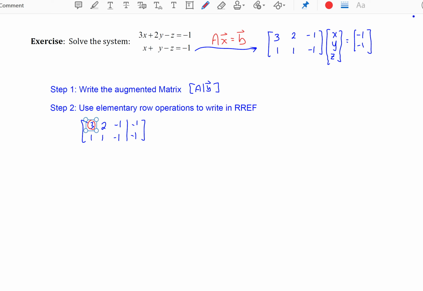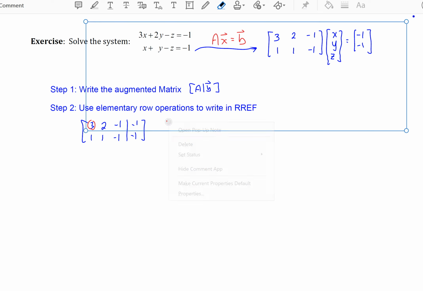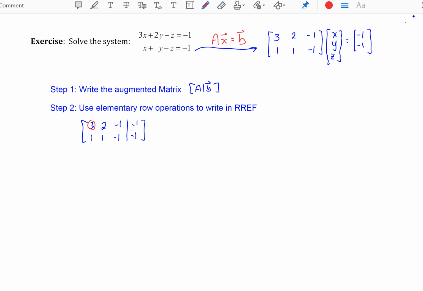And I want this value here to be a 1. And there's more than one way we could do that. We could go 1/3 times row 1, but notice that that'll create fractions with these other entries. So rather than multiplying by 1/3, which is completely appropriate, I want to use my mathematical cunningness to recognize that I can do it in an easier way if we just swapped rows 1 and row 2.